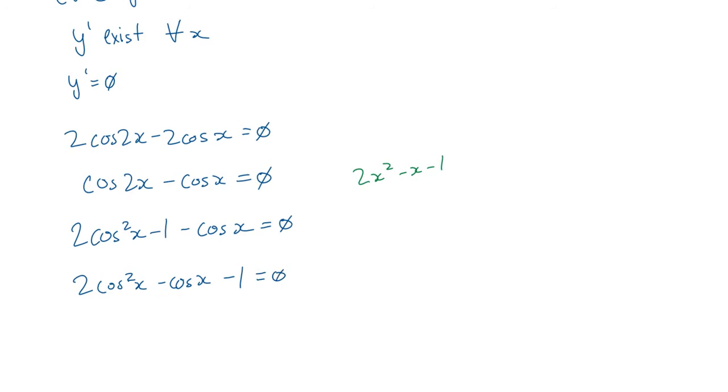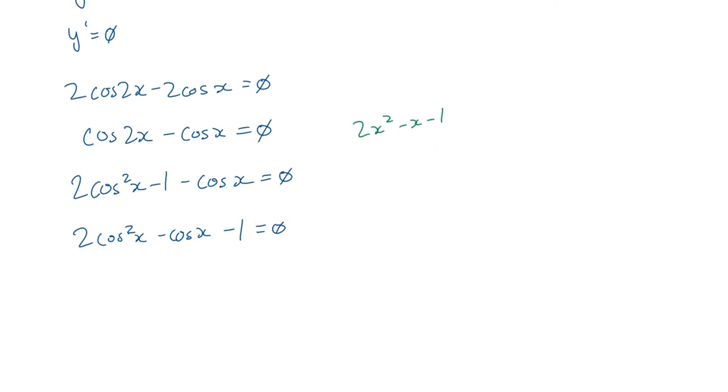Okay, so you just factor that like a trinomial, which works out to 2 cos x plus 1 and cos x minus 1 equals 0. So I got negative 2 cos x plus 1 cos x gives me negative 1 cos x, and everything else works out as well.